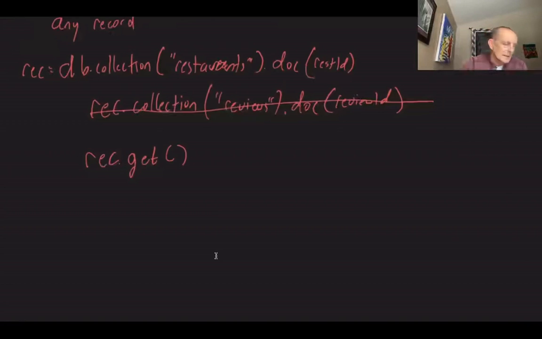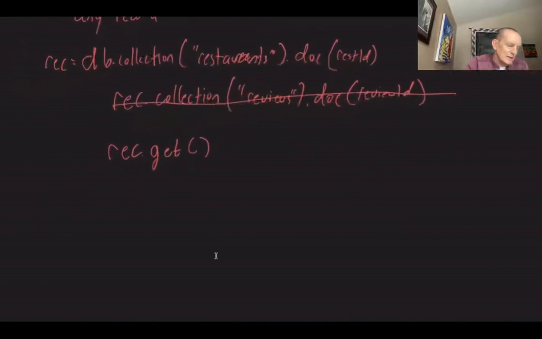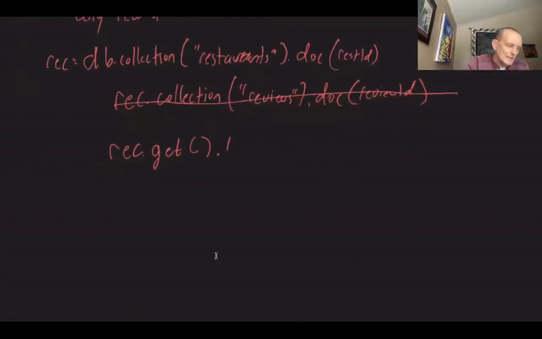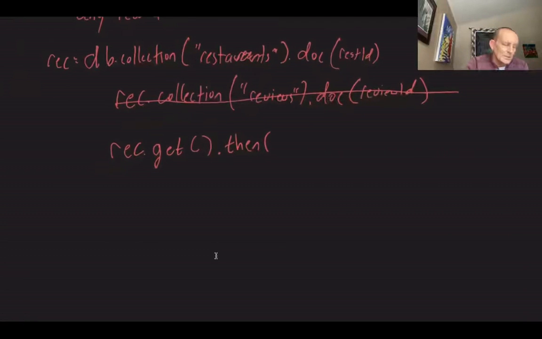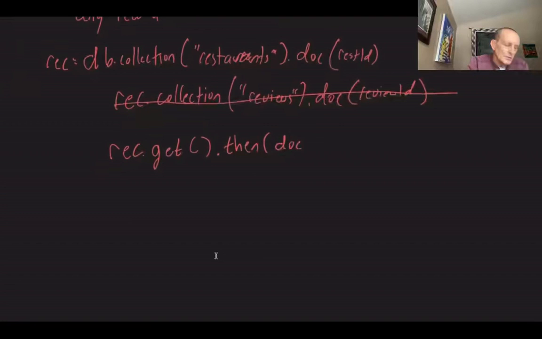What happens is we can actually say rec.get, and after the get succeeds, which is asynchronous, then we want to do something else. So then we provide a function that will get called with the actual document. We're going to write an arrow function that takes the document and then can go ahead and write to the log the name of the restaurant.